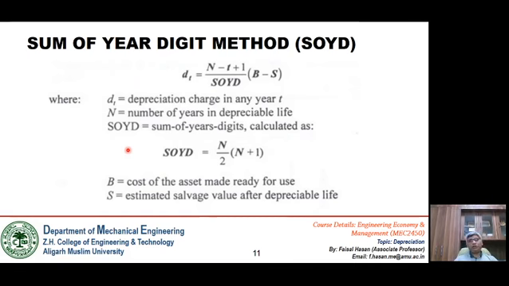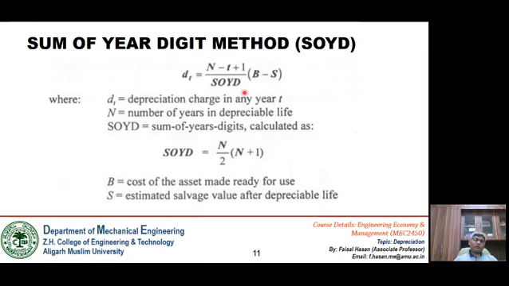In the straight line method, we computed the depreciation amount per year simply by subtracting the salvage value from the book value, divided by the number of years. Here, the depreciation for any time period t is calculated by this formula: (n minus t plus 1) upon SOYD, where SOYD is the sum of years digit, multiplied by the book value minus salvage value.